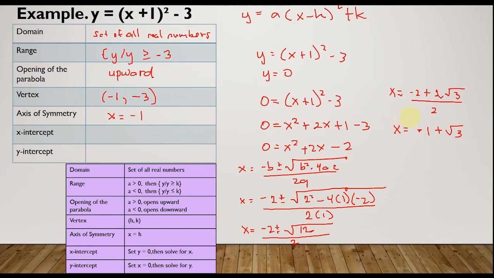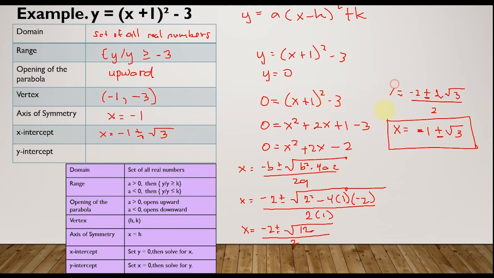Sorry, I forgot the plus or minus. So for the x-intercept, we have x equals negative 1 plus or minus square root of 3.